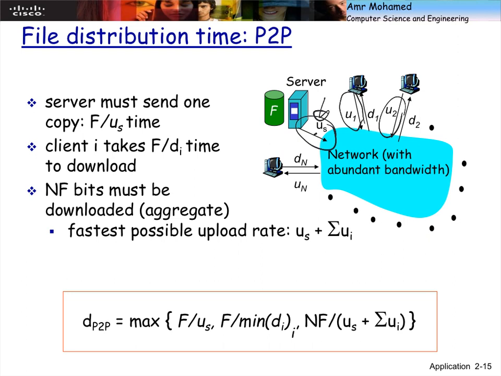So at different points throughout time, I can have concurrent transmission. One chunk can be sent from the server, another chunk concurrently at the same time will be sent from client 1 using rate U1, another chunk can be sent from client 2 using U2, and so on. And this happens concurrently.